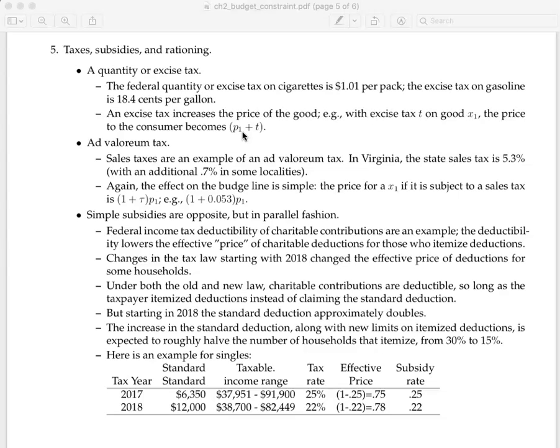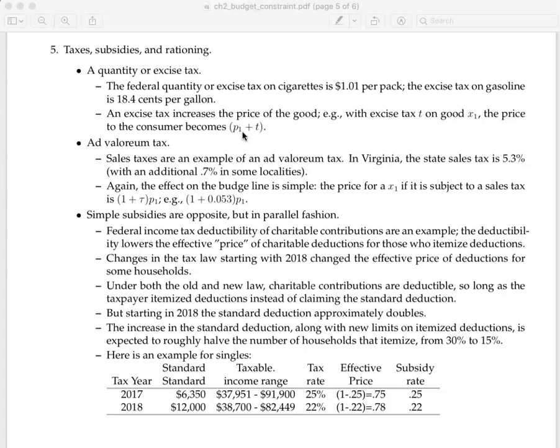Federal excise tax on cigarettes is $1.01 per pack, and then the state excise taxes vary drastically across the different states. Excise tax on gasoline is 18.4 cents per gallon. Again, that's the federal tax. You add on for state taxes.